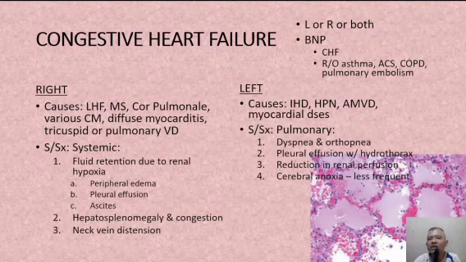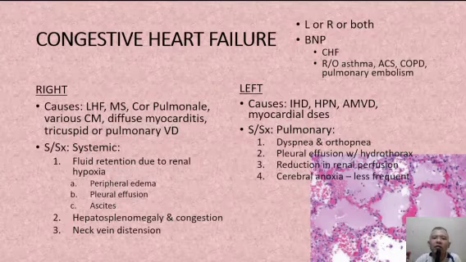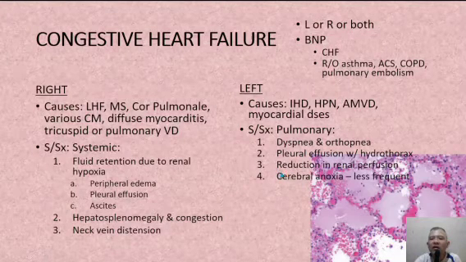That is the lungs. So you have pooling. Since the left side of the heart is not able to pump anymore, you have pooling into the previous chamber, which is the lungs. So you have pulmonary symptoms such as dyspnea, orthopnea, pleural effusion, also reduction in renal perfusion, and cerebral anoxia.